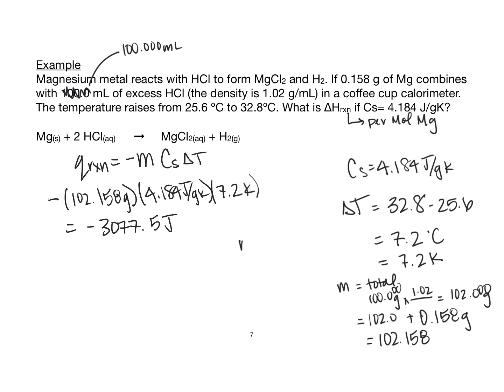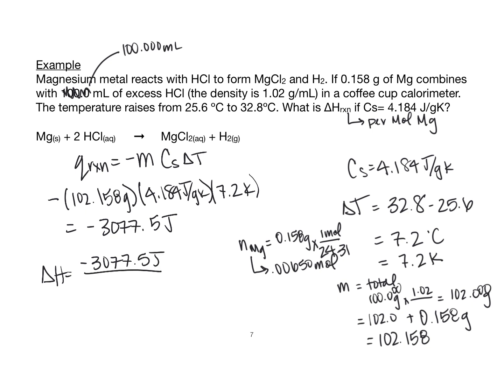So to determine n of magnesium, we're going to take our 0.158 grams, divide by 24.31 grams in 1 mole, and this is going to give me 0.00650 moles. So delta H is equal to negative 3,077.5 joules divided by 0.00650 moles.